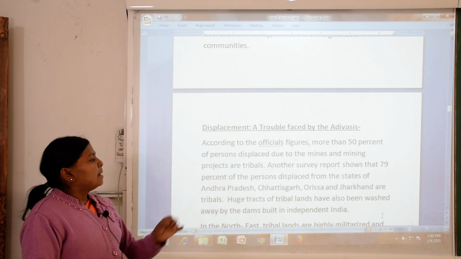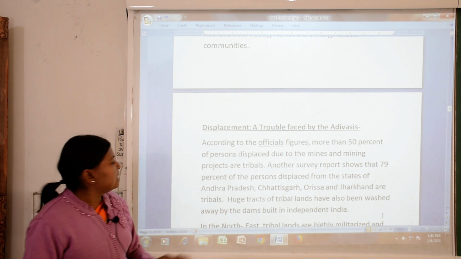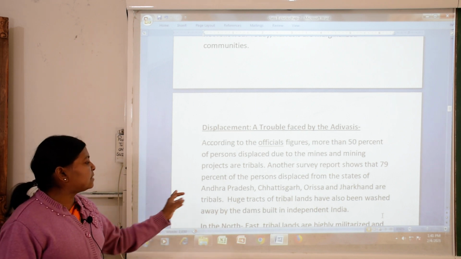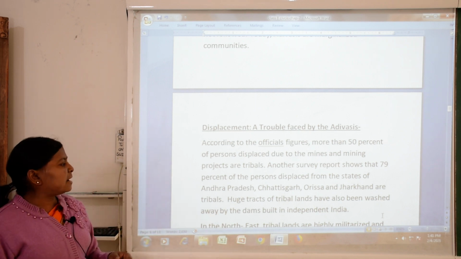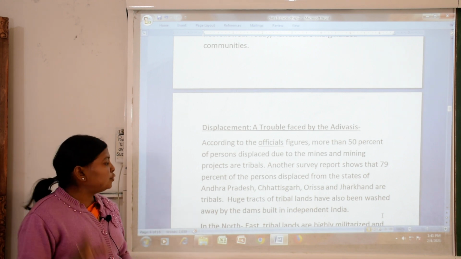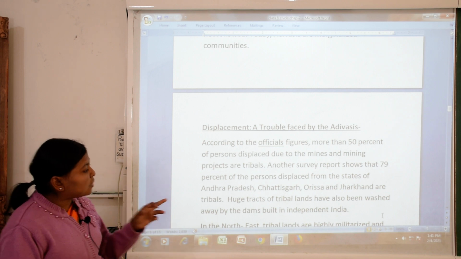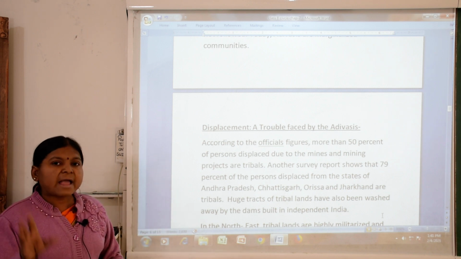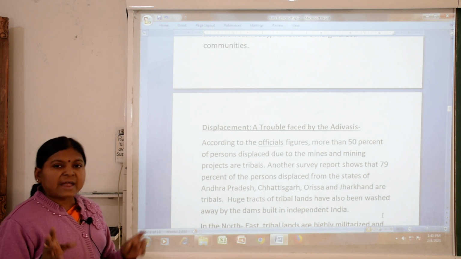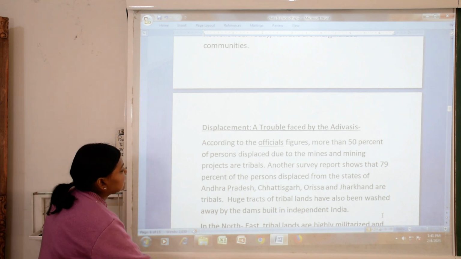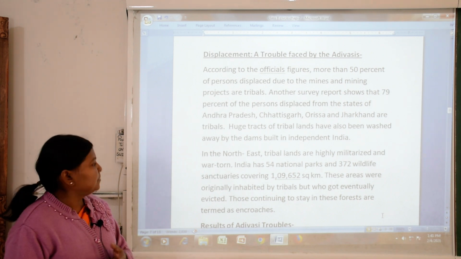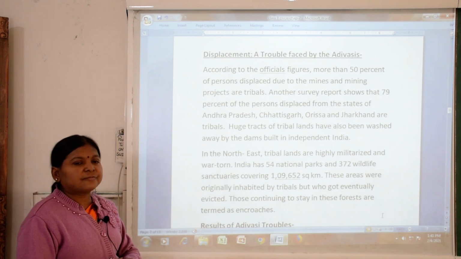Another survey report shows that 79% of the persons displaced from the states of Andhra Pradesh, Chhattisgarh, Odisha and Jharkhand are tribals. Huge tracts of tribal lands have also been washed away because dams were built in independent India. That is also a reason. In the northeast, tribal lands are highly militarized and war-torn. That is why it changed.